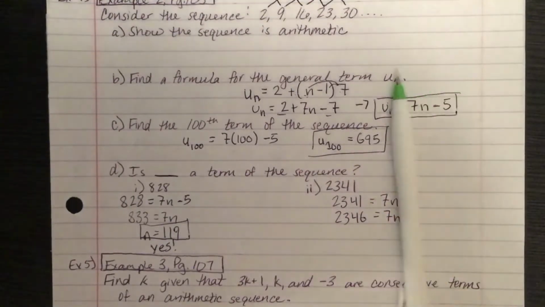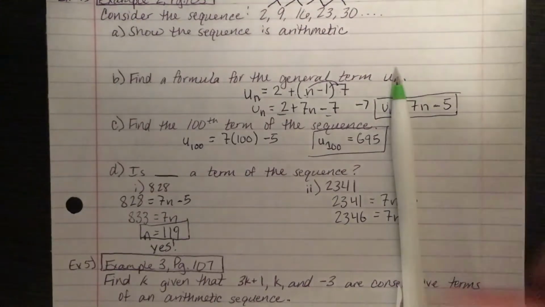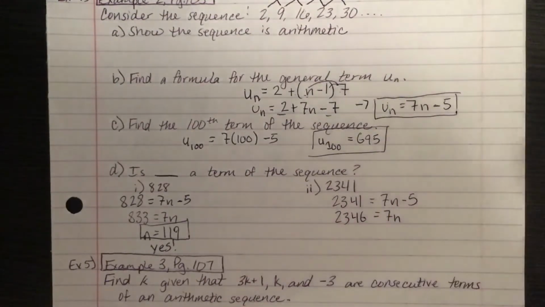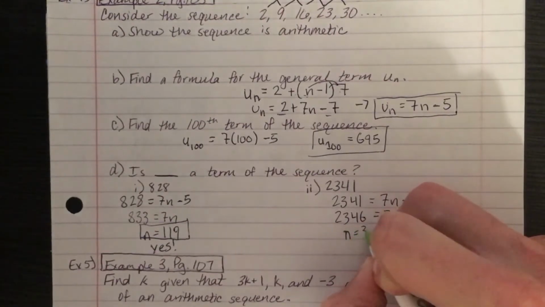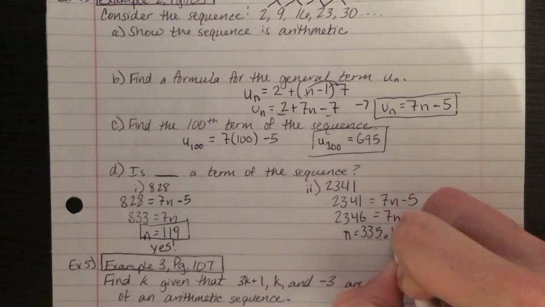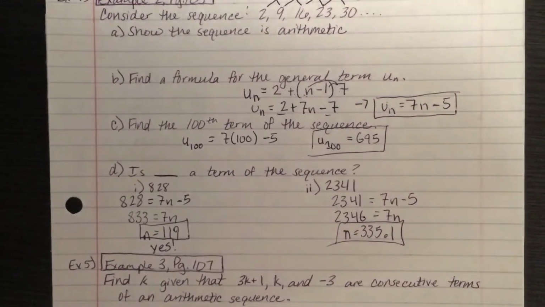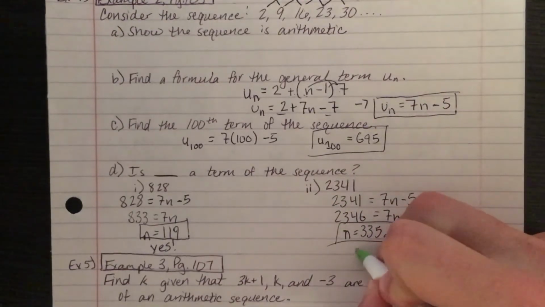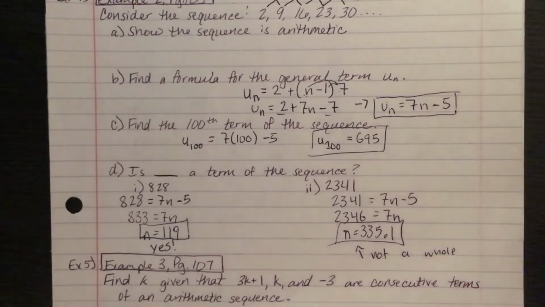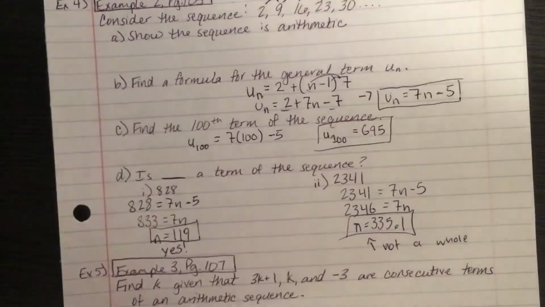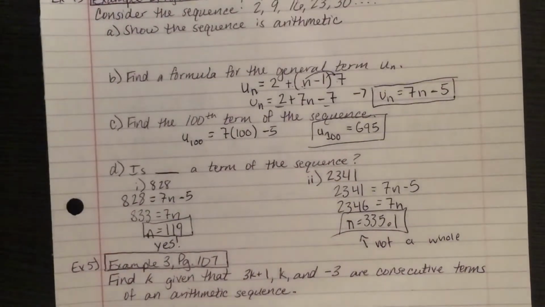I need to get a calculator for that, I don't know that one off the top of my head. 2,346 divided by 7 is 335.1, so n equals 335.1. Because this is not a whole number, it is not a term in the sequence. When we're counting terms of a sequence, we can only count whole numbers.